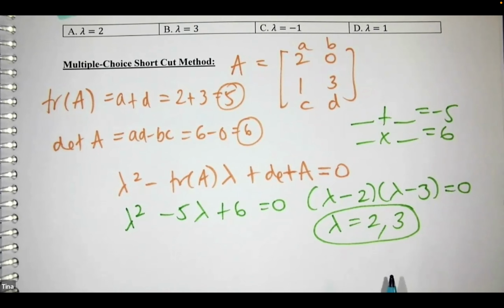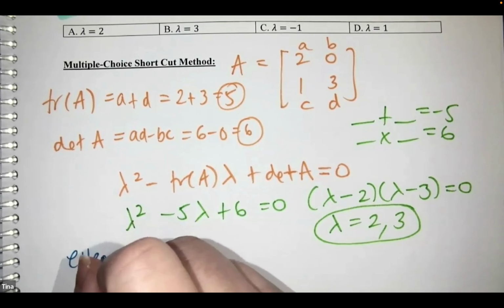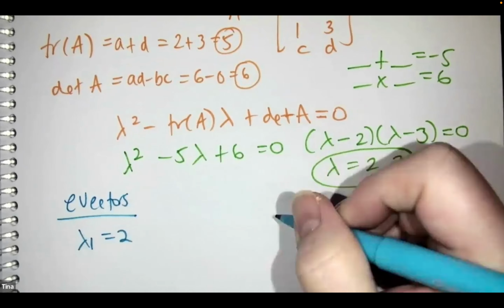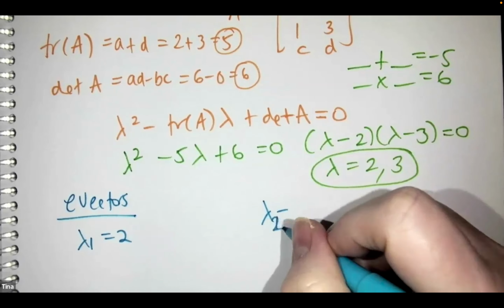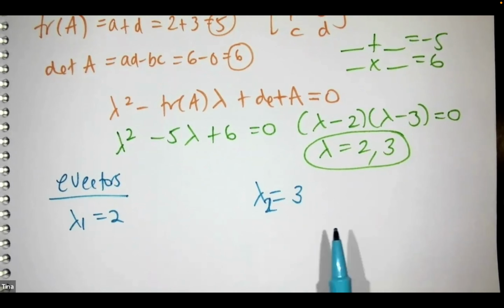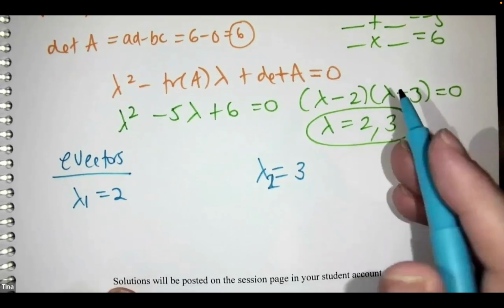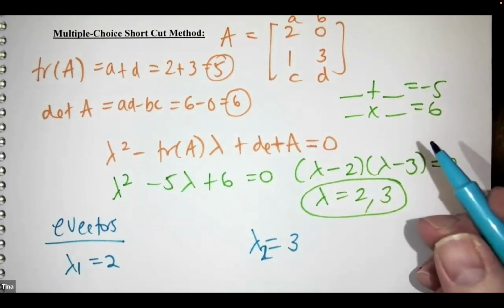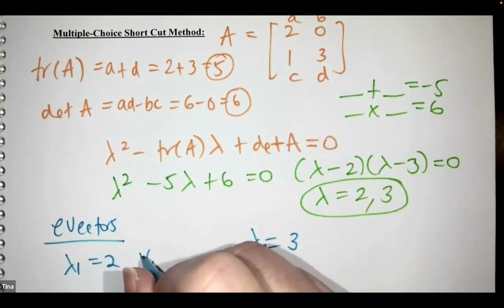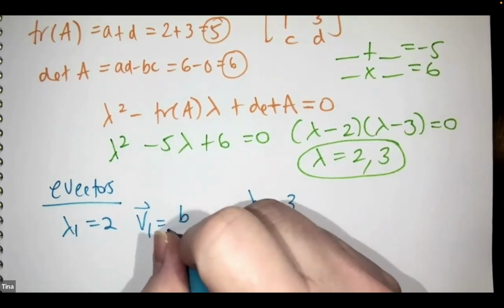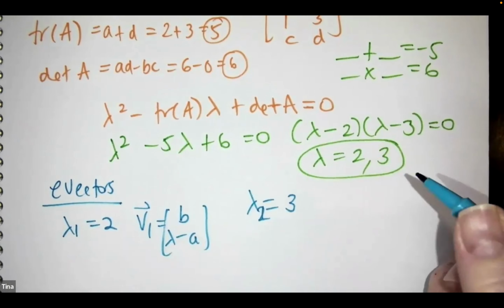Okay, eigenvectors. Let's call lambda 1 equal to 2, and lambda 2 equal to 3. If I've got 2, my eigenvector v1 is b over lambda minus a, unless it's the 0 vector, and then I can switch it.